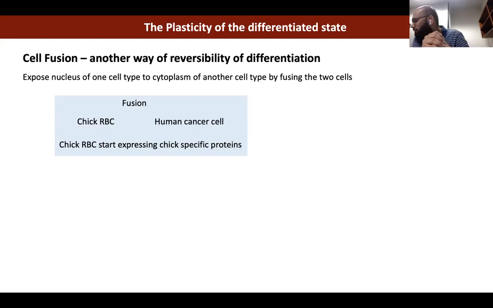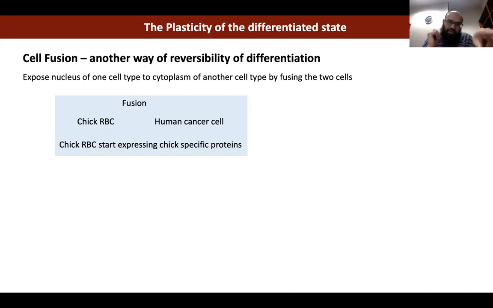And basically, the experiment was performed by taking chicken red blood cells and fusing them with human cancer cells. If you recall, we discussed last time that human or mammalian red blood cells do not have a nucleus, because they have completely enucleated.